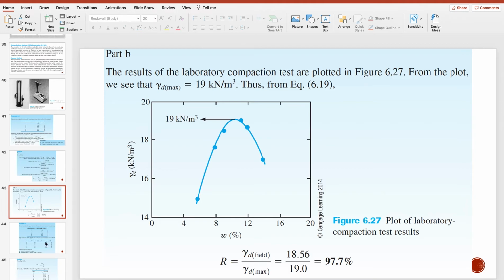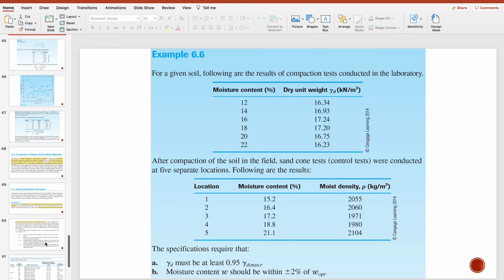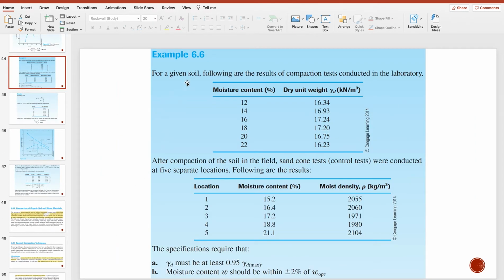Okay. Next. So for a given soil, the following are the results of compaction test conducted in the laboratory. So ganun ulit. Okay. So you have there 12, 14, 16, 18, 20, 22, 16.34, 16.93, 17.24, 17.2, 16.75, 16.23.